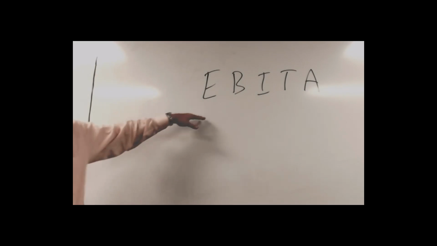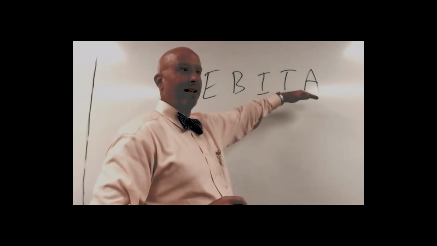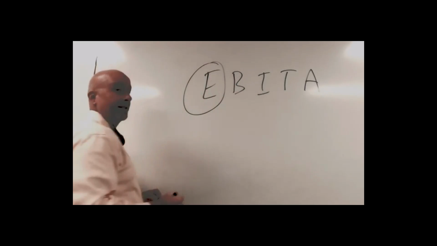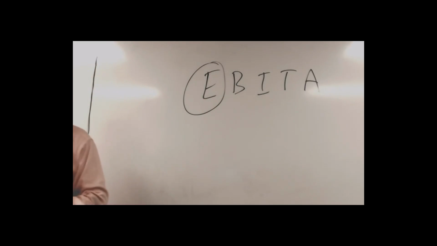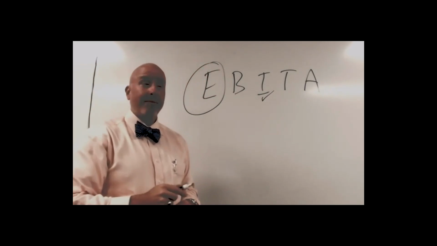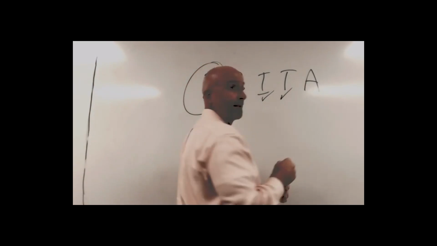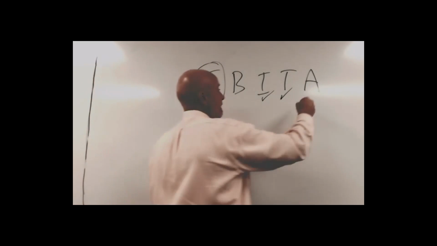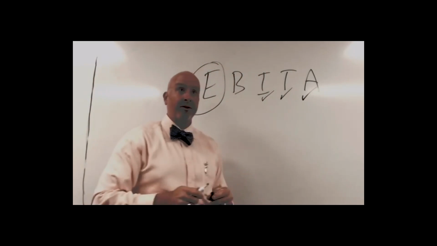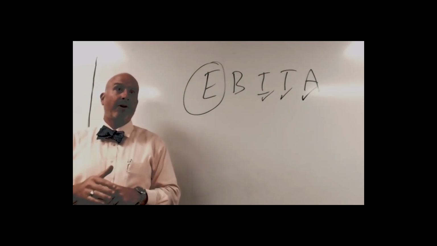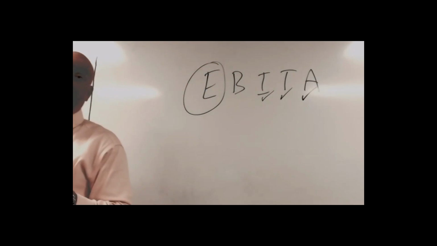Earnings before interest, taxes, depreciation and amortization. So that's going to become the amount of earnings that you have before you pay any interest on your debt, any taxes to that government entity, and any amortization charges. Sometimes referred to as top line revenue or top line earnings.